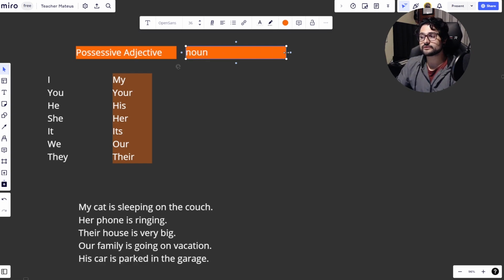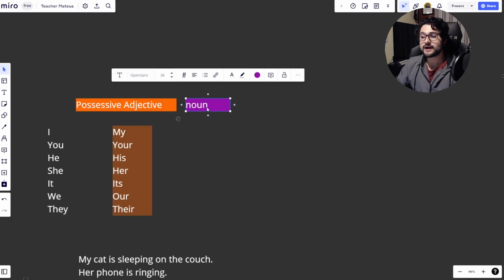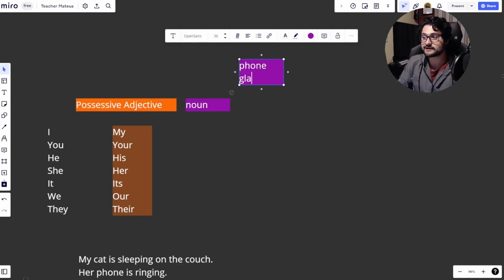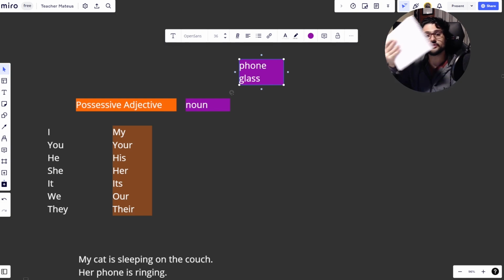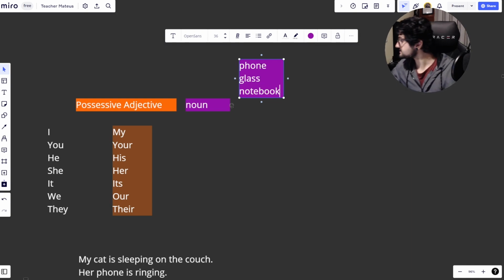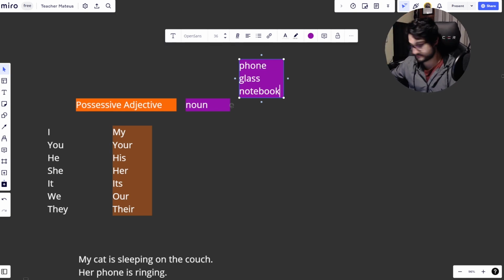What is a noun, guys? A noun could be, for example, a glass, phone, notebook. This is a notebook. This is a wallet.